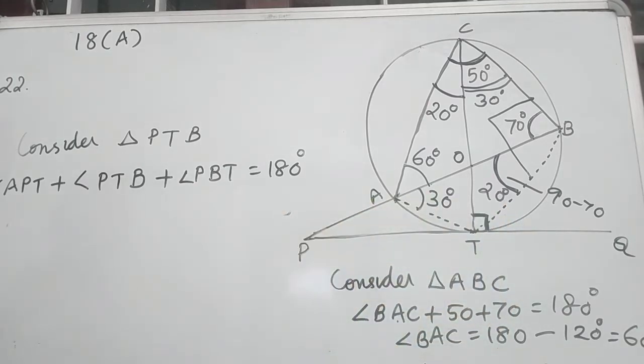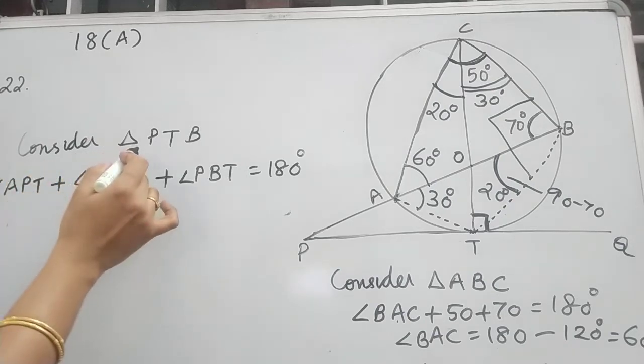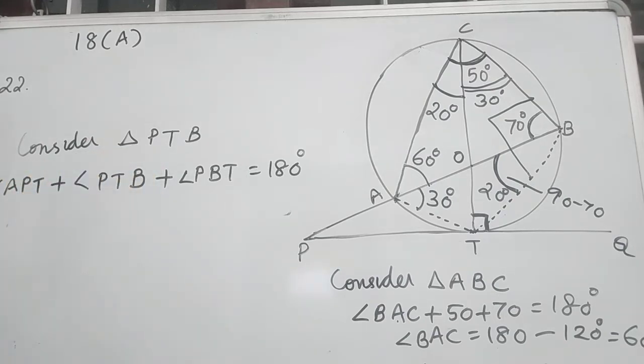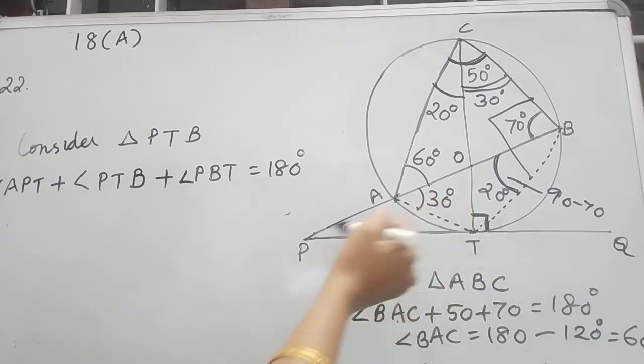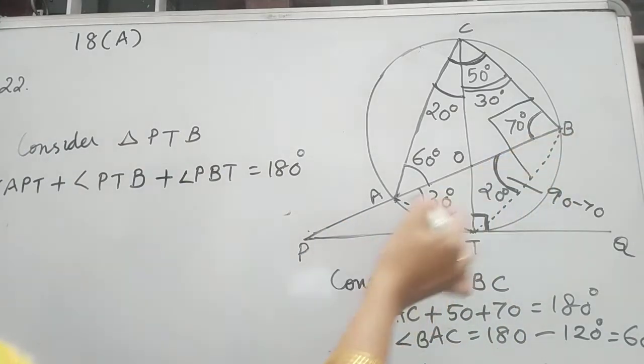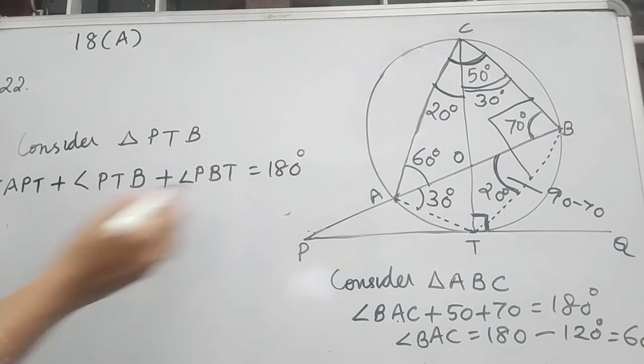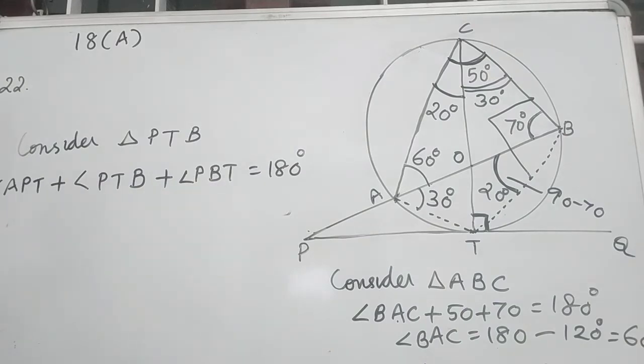Why are we finding BTC? Because if we consider triangle PTB, we want to calculate angle APT. So for that we are taking BTC. Angle BTC is equal to 60 degrees. Consider triangle PTB. The sum of angles of a triangle is equal to 180 degrees.